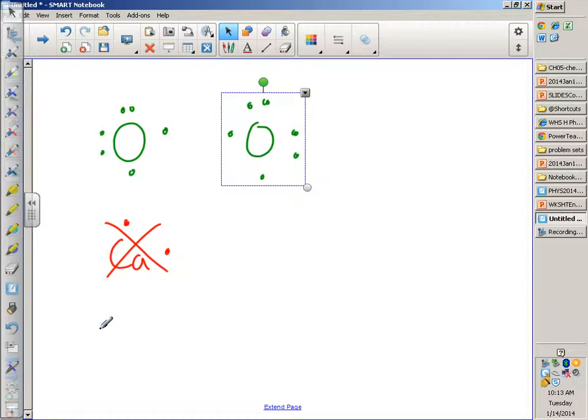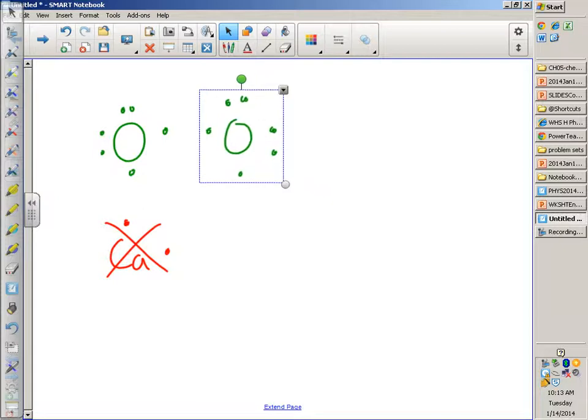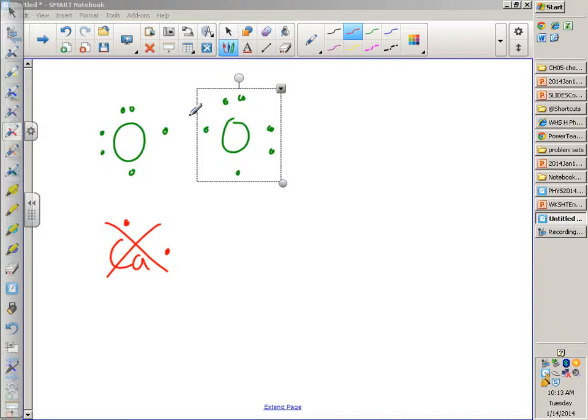No. Neither one of these oxygens will steal electrons from the other one, but they will do what? They will share. So, what's mine is yours and what's yours is mine, right? It shares. Remember, sharing happens in pairs. Okay, so in this case, it shares a pair of electrons.